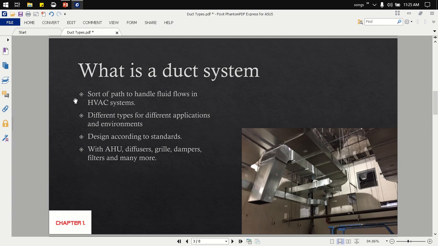First of all, we will identify what a duct system is. The basic idea is that it is a path, a passage or a channel that handles fluid flows in heating, ventilation and air conditioning applications.